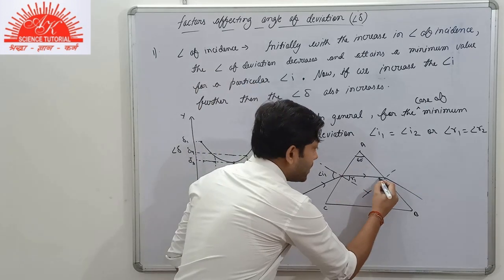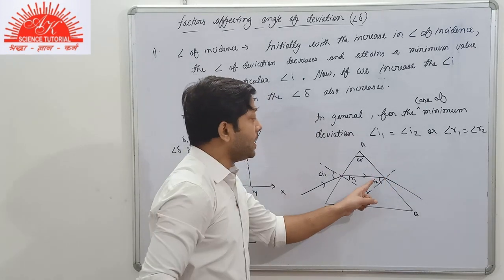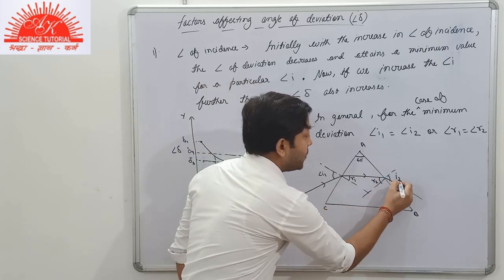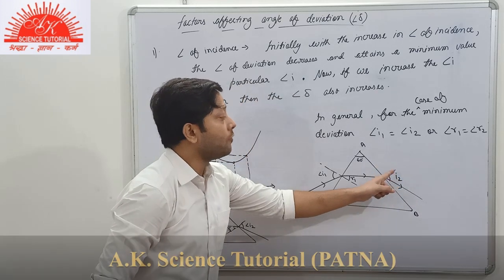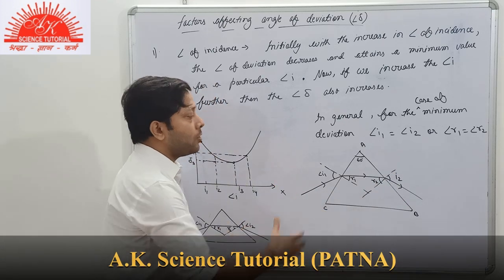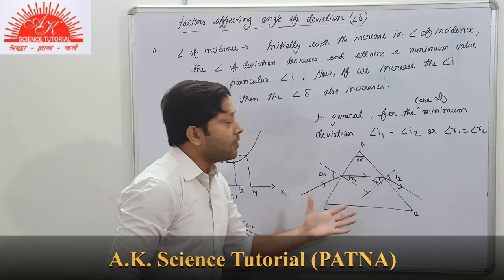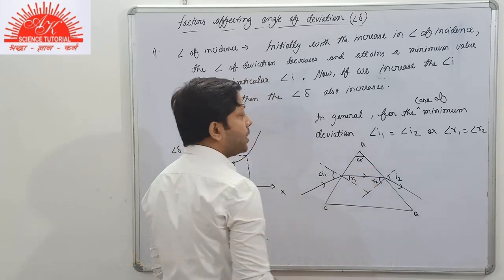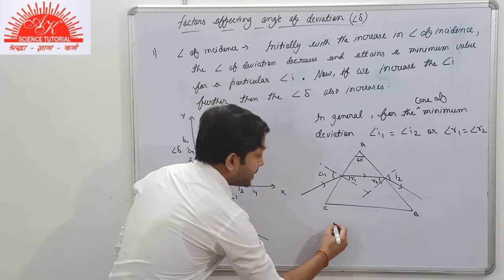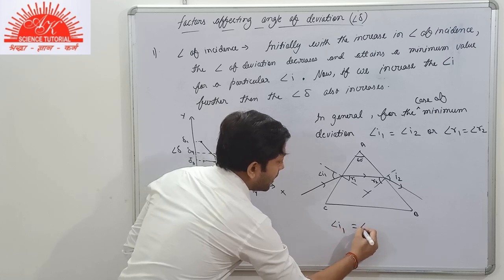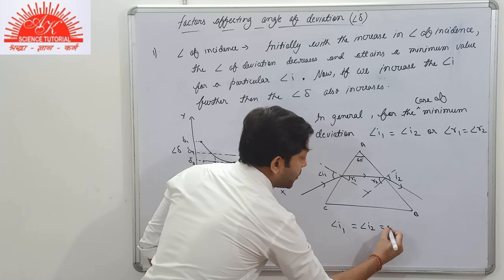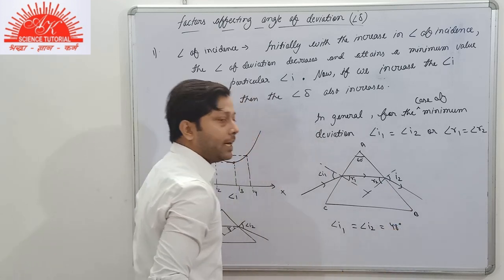Then here the R2 will be our angle of incidence, and this I2 will be our angle of emergence. So if we talk about the condition of an equilateral prism, then in the case of minimum deviation, this I1 or I2 is found experimentally to be equal to 48 degrees.